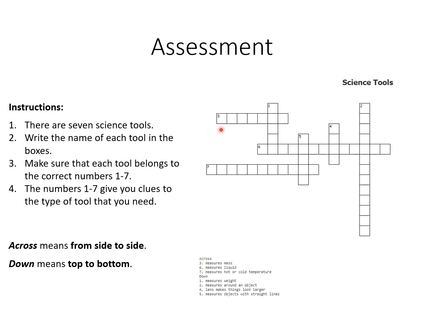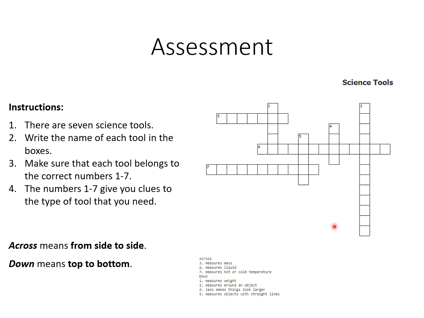Number 3 is across, and it says measures mass. Okay, so what science tool measures mass? I have to think about that science tool and write the name of that science tool right here. Let's see, number 6, measures liquid. What science tool measures liquid?